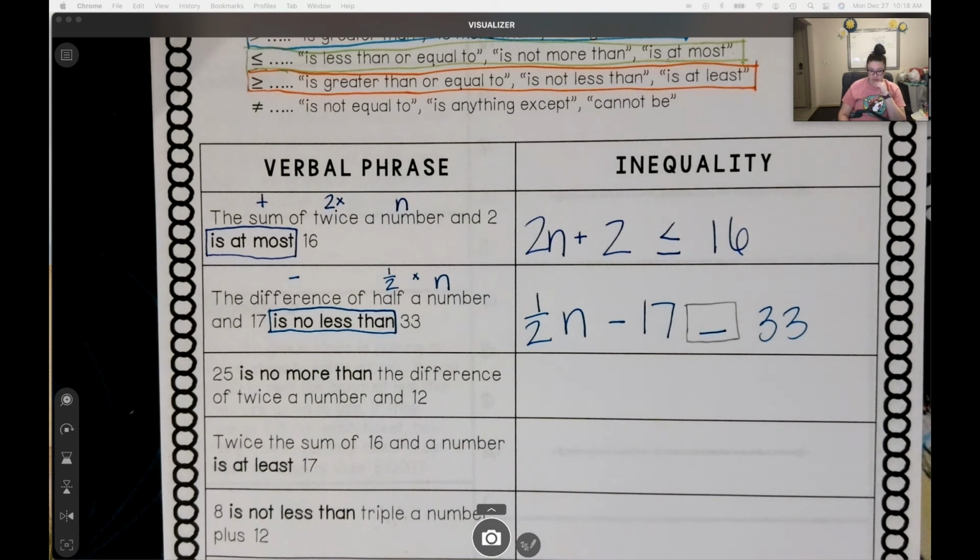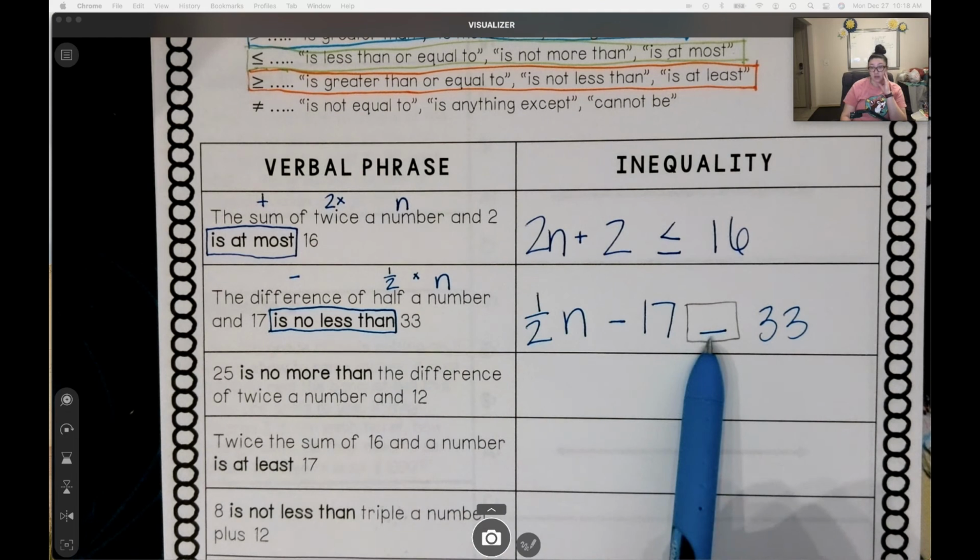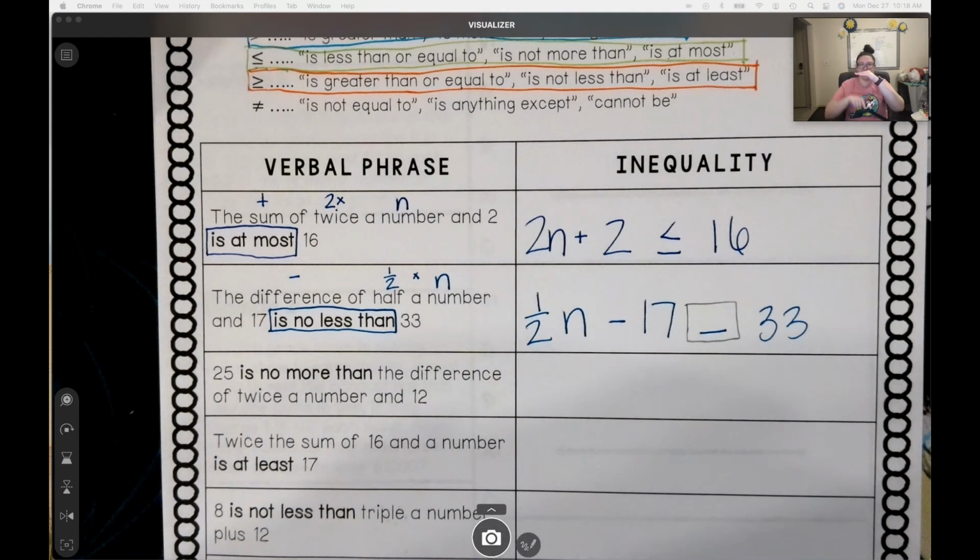If it's no less than something, that means it can't be smaller than 33.